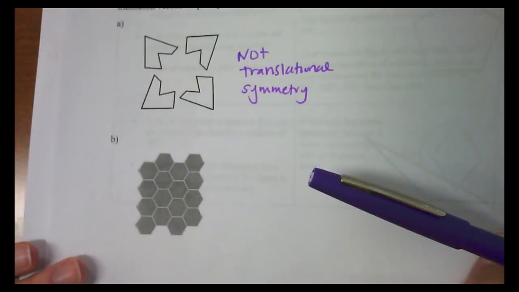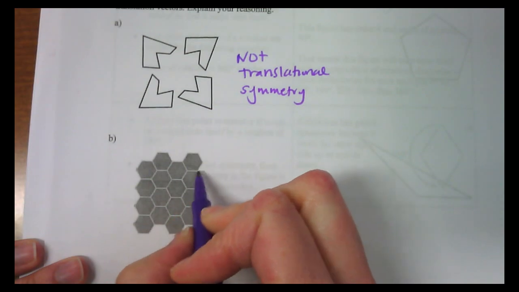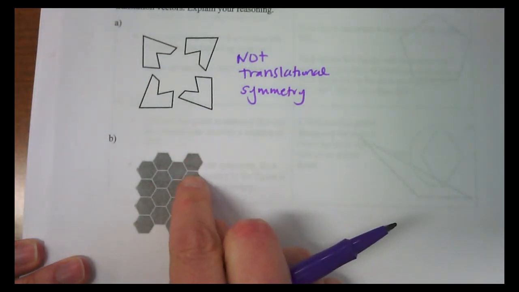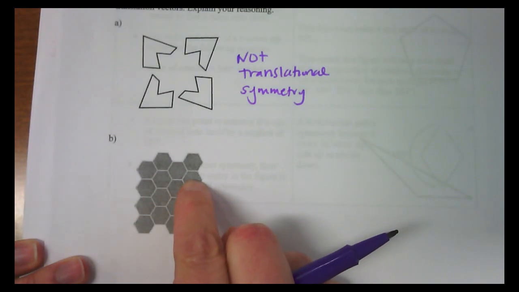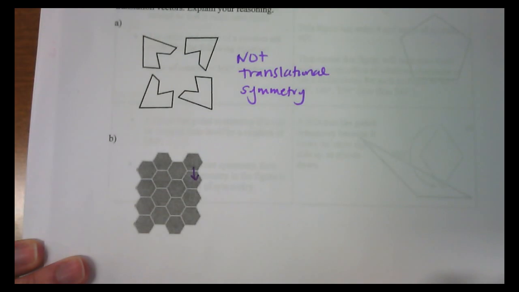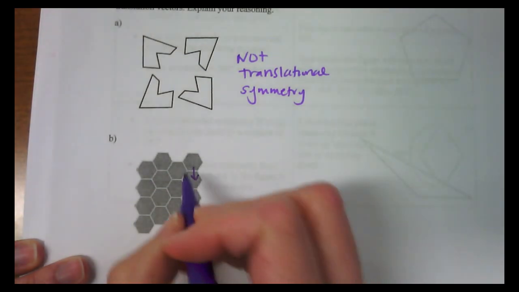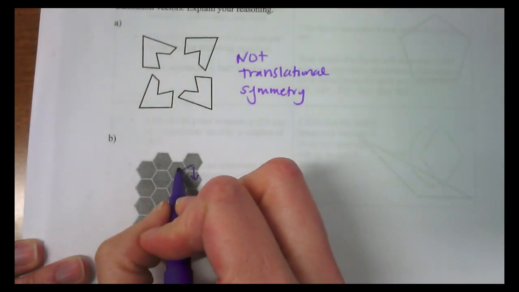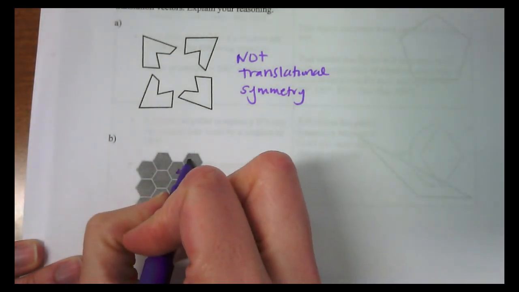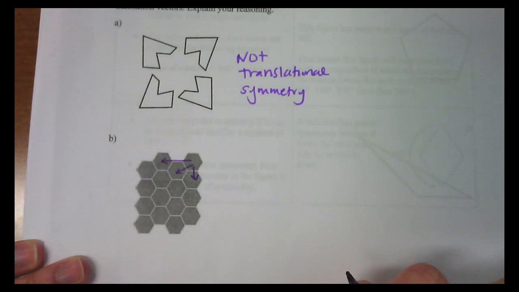Okay, for this one, we have a bunch of hexagons, okay, and these hexagons, if I slid it down, would go exactly on top of this one. So I could show that I could slide this one down here, and I would get that shape. I could show that I could slide this one down and over a little bit, and I would get that one. And I could show that I could slide this one over to get that shape.